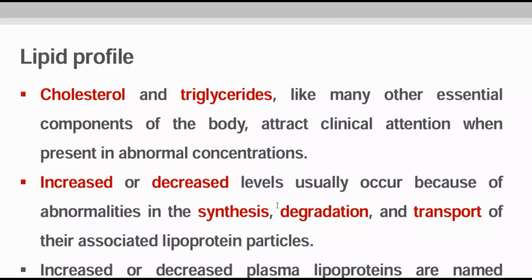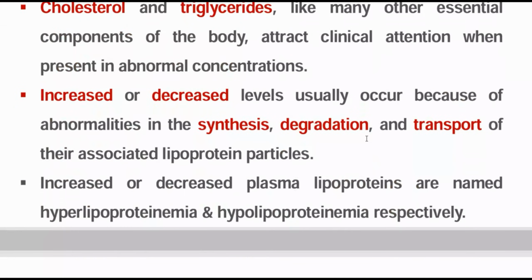According to this, it can be named hyperlipoproteinemia, that means the lipoprotein in the blood is much higher than the normal level, and hypolipoproteinemia, that is, the lipoprotein level in the blood is below normal.